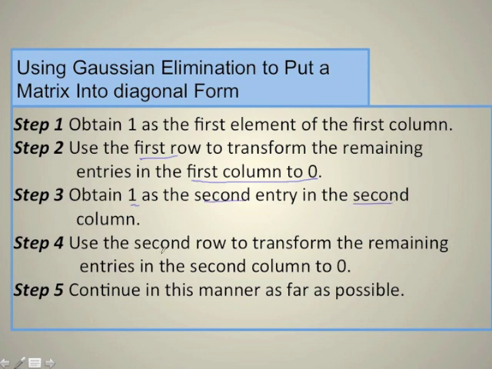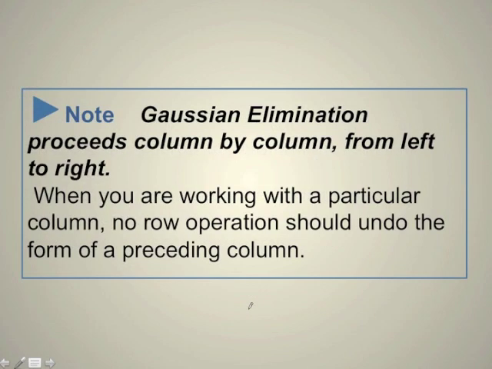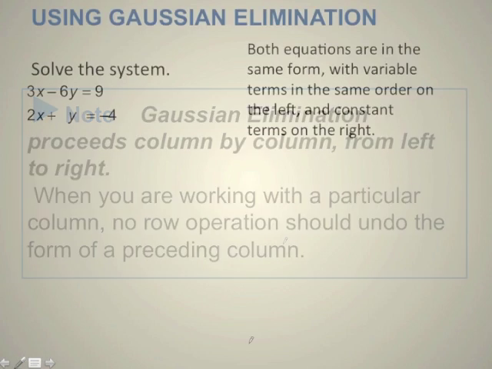We use that second row to transform the remaining entries in that second column to 0, and we continue this manner as far as possible, depending on how many rows there are in our matrix. Gaussian elimination proceeds column by column, essentially from left to right. That way, when you're working with the second column, no row operation will undo the form in the first column. So let's do an example.